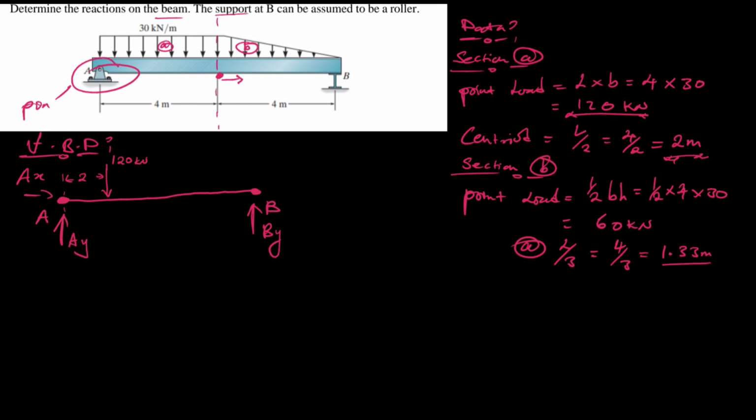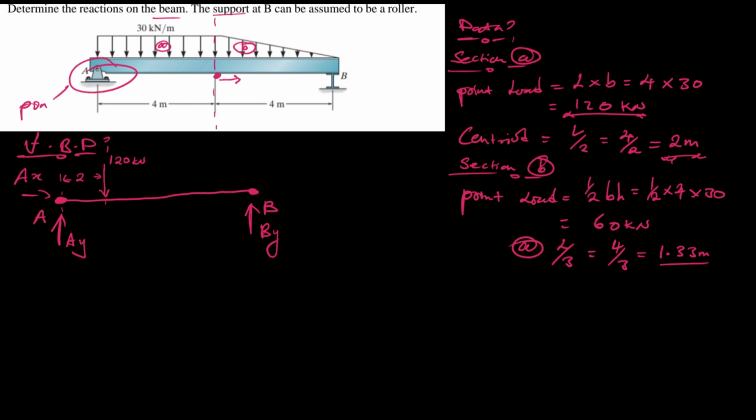Now, looking at the schematic, we can try and draw this in a sense whereby we understand the dimensions in question. We know that from A to where the section here is, where the shape changes, the span is 4. So which means that here we'll have 2.